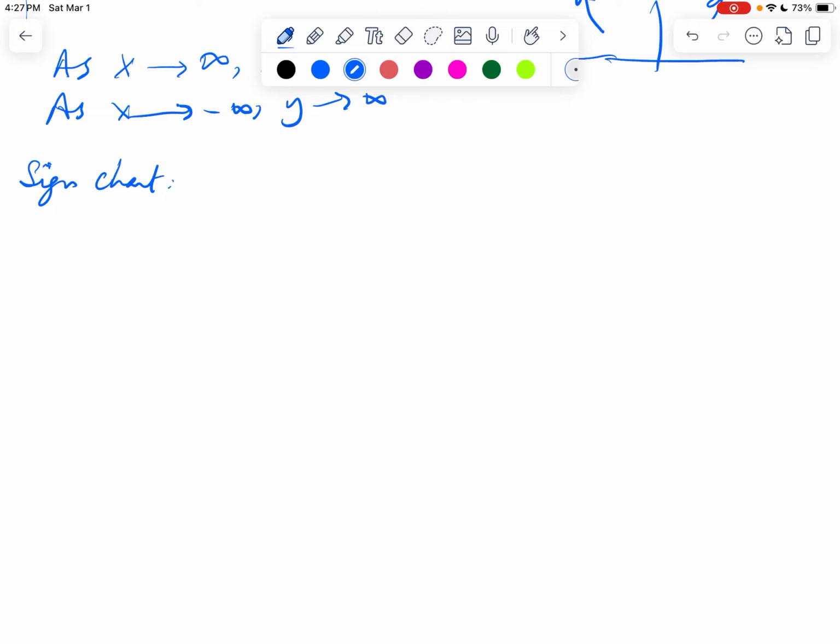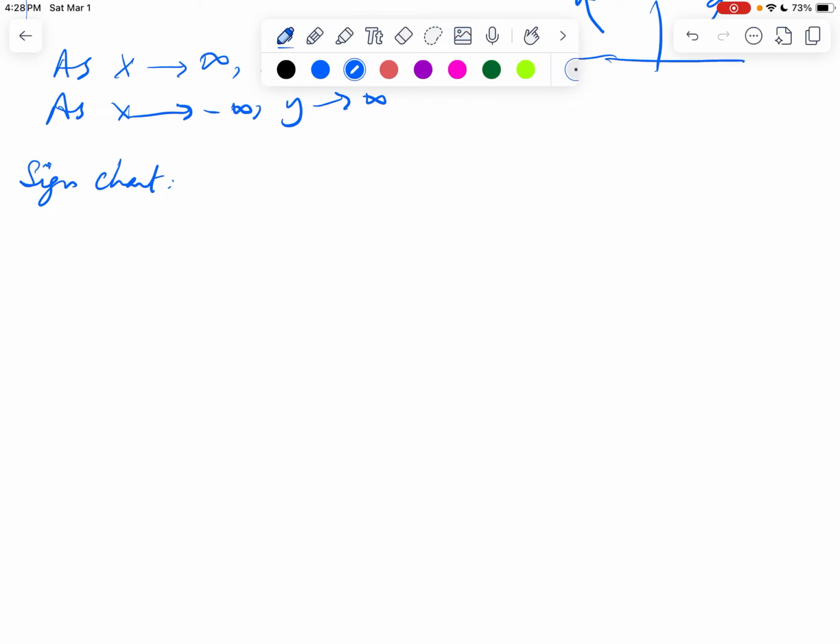Now intercepts, basically we have found the x-intercept and we found the zeros. Your x-intercepts are the same as your zeros, but the y-intercept would be different. So there will be only one y-intercept. There can be more than one zeros or x-intercepts.